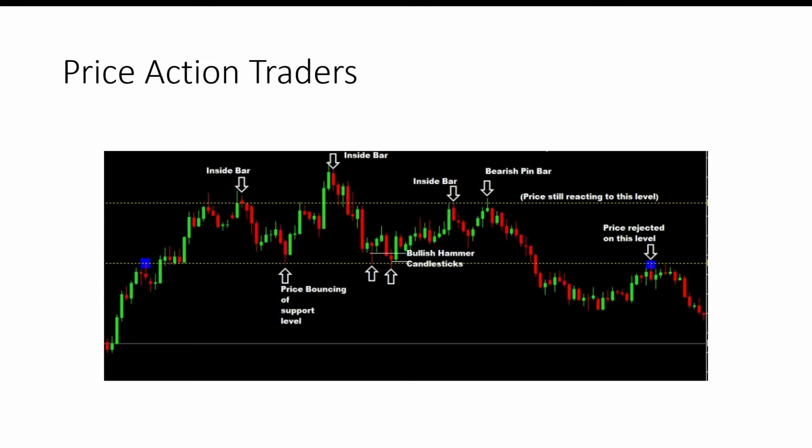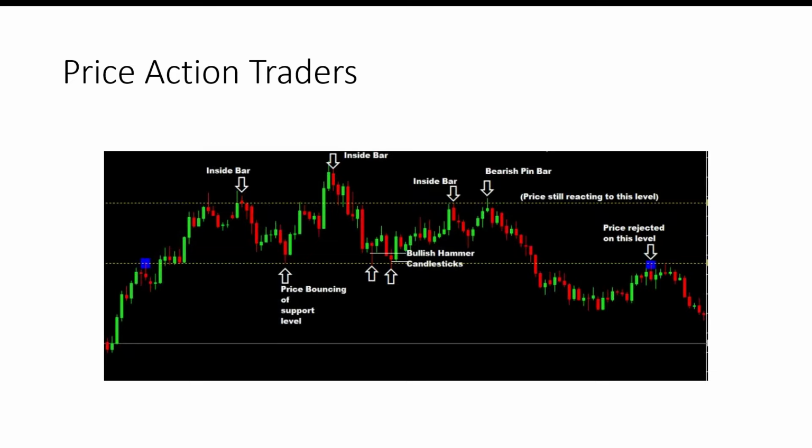Now I'm going to talk about the price action trader. Price action traders look for various trading patterns that are found and created by the movement of price. These price patterns lead them to make decisions based on the context the pattern is found in.